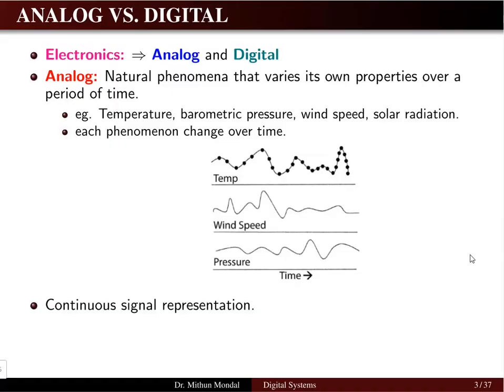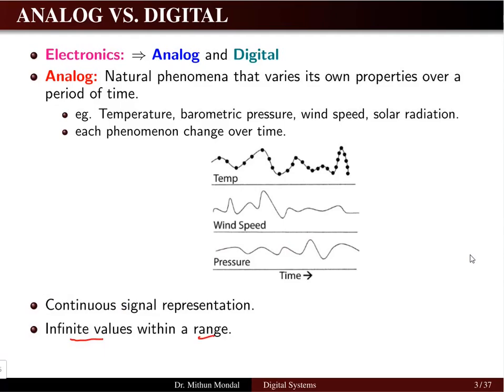So analog systems are basically the continuous signal representation system. You do not have a discontinuity and there is no time gap between two very small instants of time. So it is a continuous process of measurement. There is no discontinuity involved and there is no time gap involved. And you will have infinite values within a range.